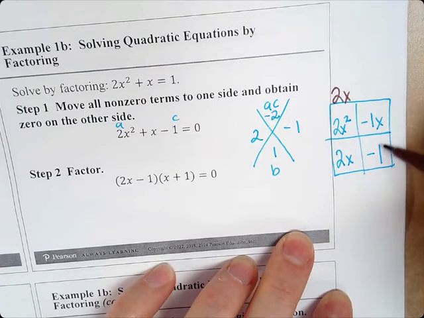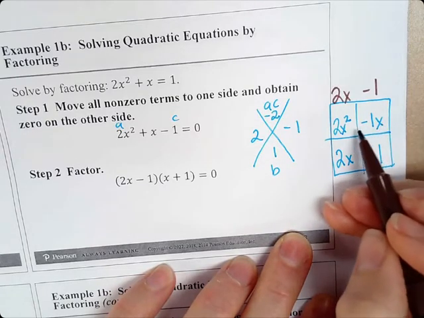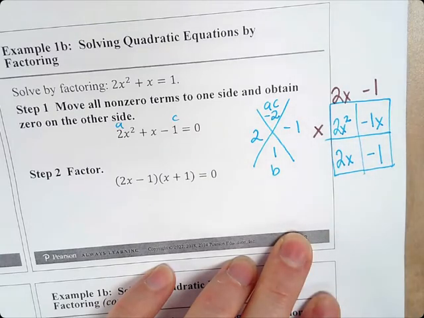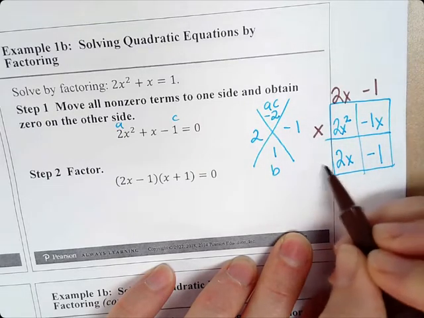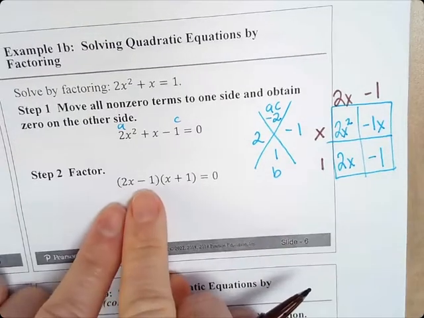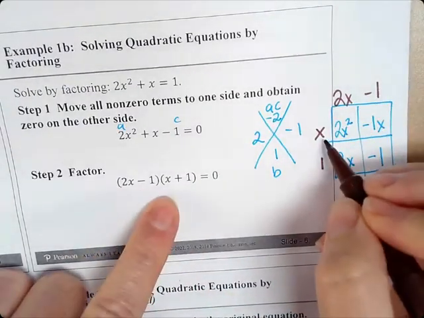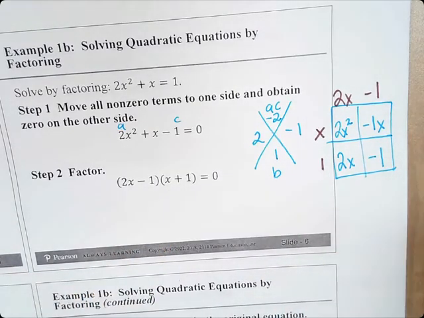Factor this column would be a -1. Factor this row would just be an x, and factor the last row would just be a 1. That is where this comes from. So you have the 2x minus 1 and then the x plus 1. Use your box whenever you factor.